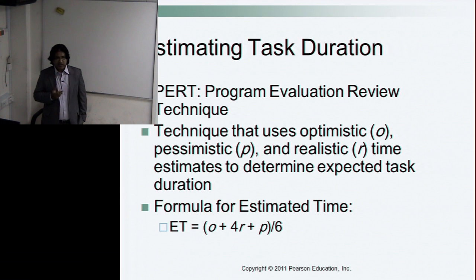Now, before we calculate the expected time, you should understand what is pessimistic time, what is optimistic time, and what is realistic time. From the general meaning of pessimistic and optimistic, optimistic is used in a positive sense, whereas pessimistic is used in the opposite sense.